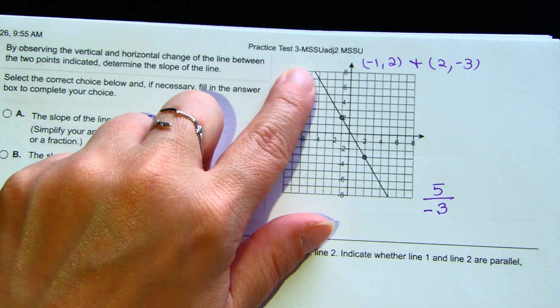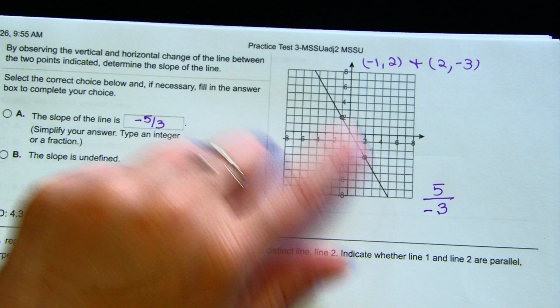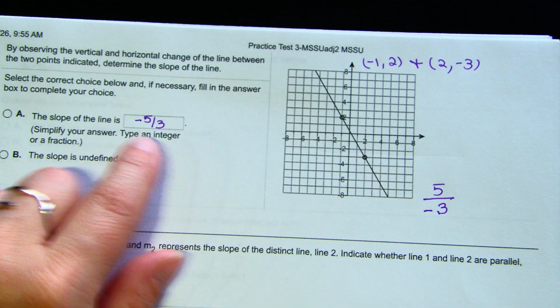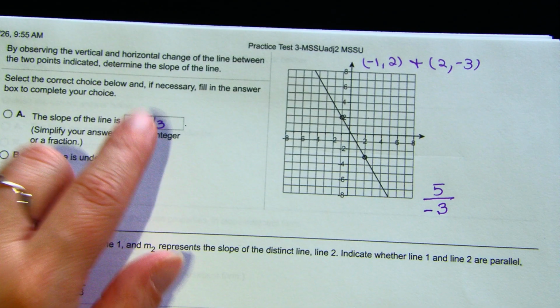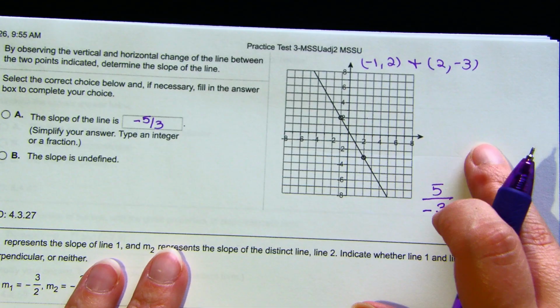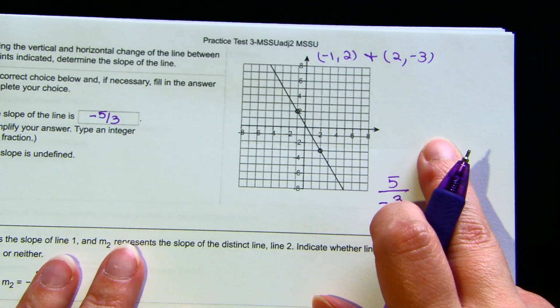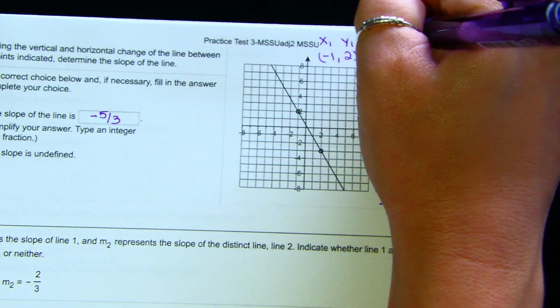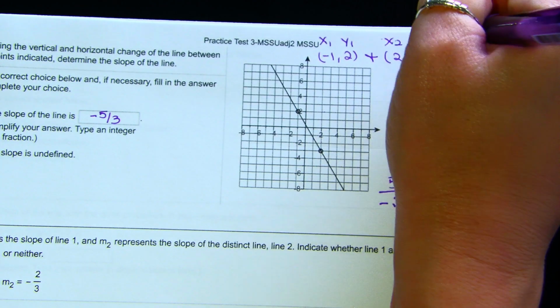So again, I'm going to do x1, y1, x2, y2, and I'm going to say slope is y2 minus y1 over x2 minus x1. And you're like, why do you write the formula down every time? The more you write it down, the quicker you will memorize it. So that's why.